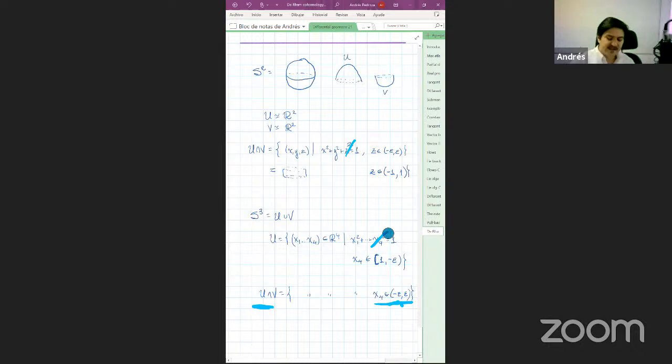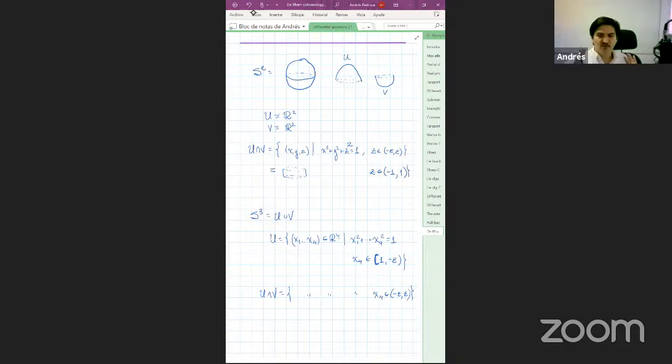Because the whole idea on any sphere is that the equator is a sphere in one dimension lower. So for S3, the equator is a 2-dimensional sphere. For S7, the equator is S6, and so on.